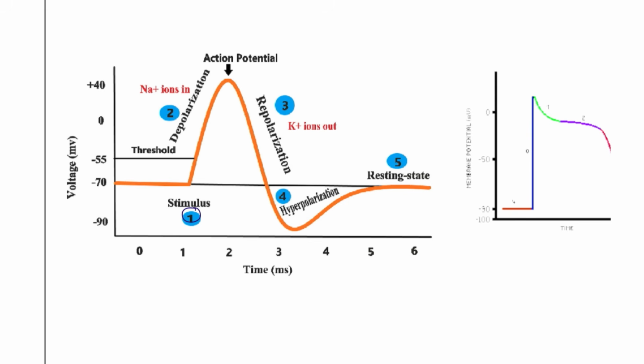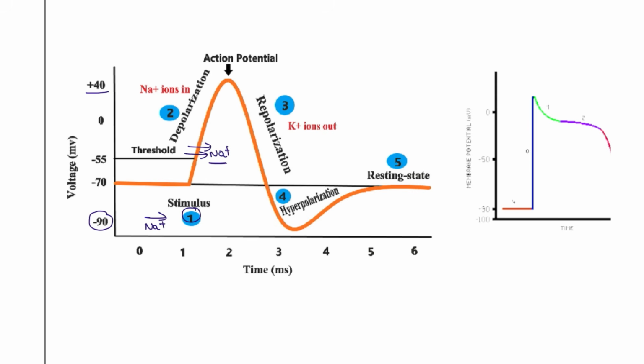So here you can see it is caused by sodium at the time of minus 90 voltage. And what we are doing, we are going to increase the voltage by increasing the depolarization. How will the depolarization occur? Depolarization will occur in phase 2. Again, we are sending positive ions inside, such as sodium influx.